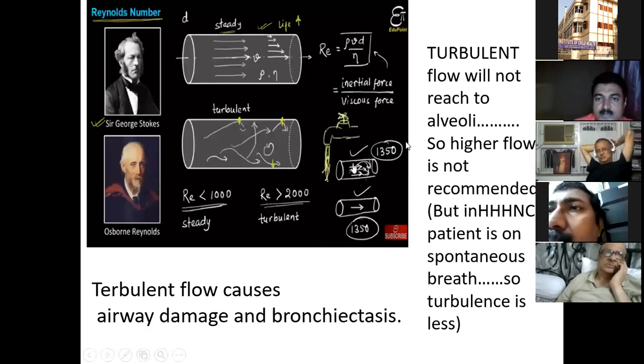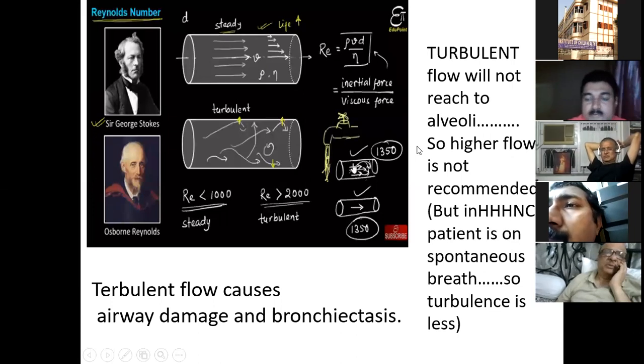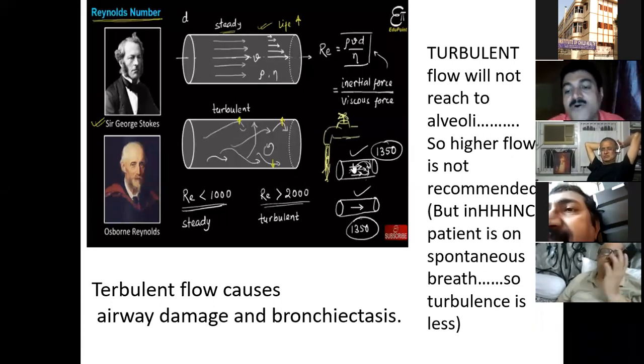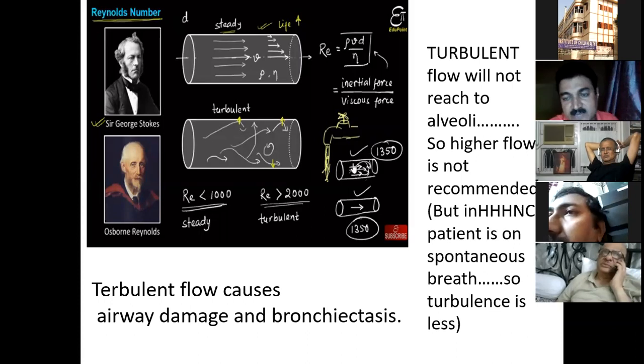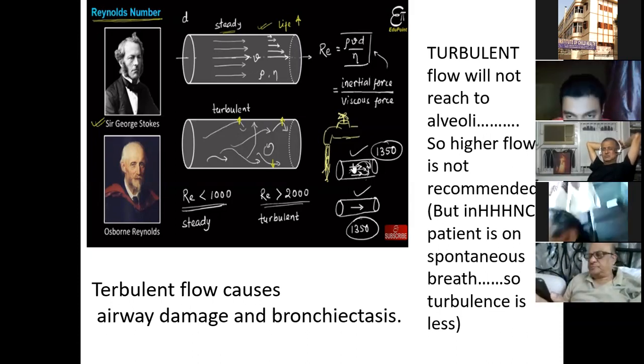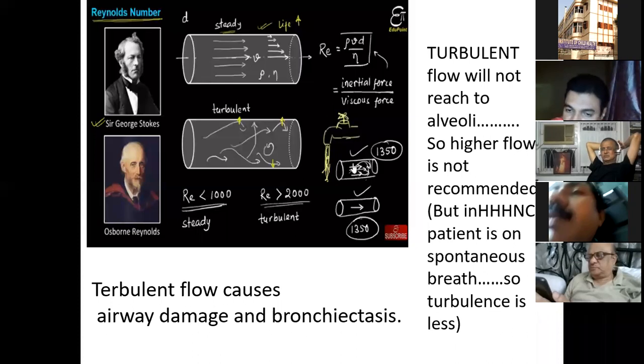So now probably the resident will ask me, sir, how does hot humidified high flow nasal cannula, HHHNC, work, because it is high flow? Yes, it is high flow, but it is very much within the control of the patient. The patient is taking spontaneous breaths.